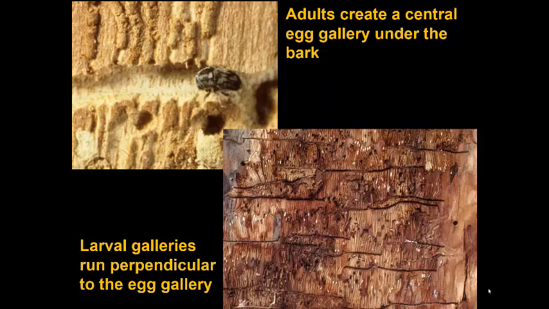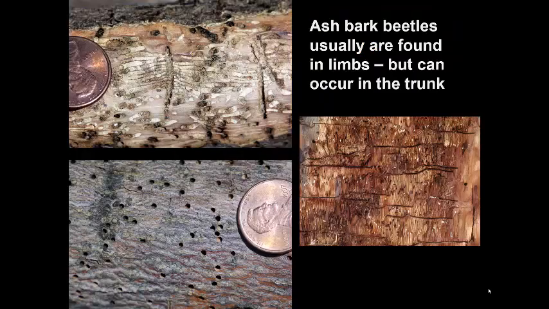Then the eggs are laid along this, and the larvae develop perpendicular to that egg gallery the adult produces. They're usually found in limbs, but sometimes occur in the trunk of trees, and can, in rare cases, be involved in tree death, not just limb dieback.